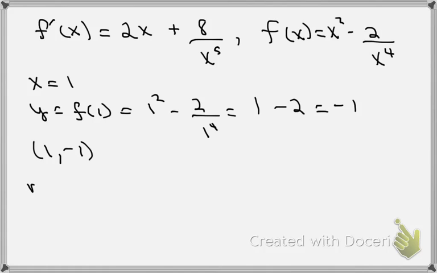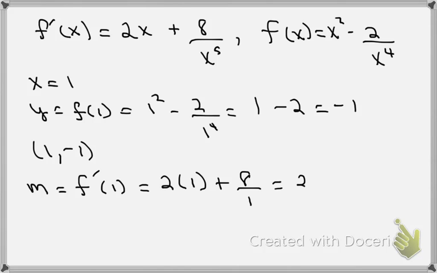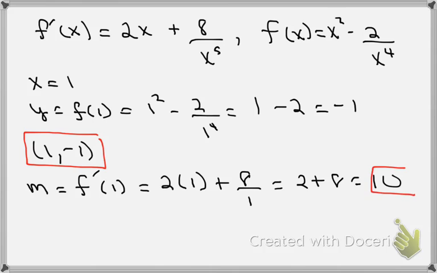Now my slope is going to be the derivative at that point, so f prime of 1, which would be 2 times 1 plus 8 over 1, which is 2 plus 8, or 10. So now I have my point, which is (1, -1), and I have my slope, which is 10.